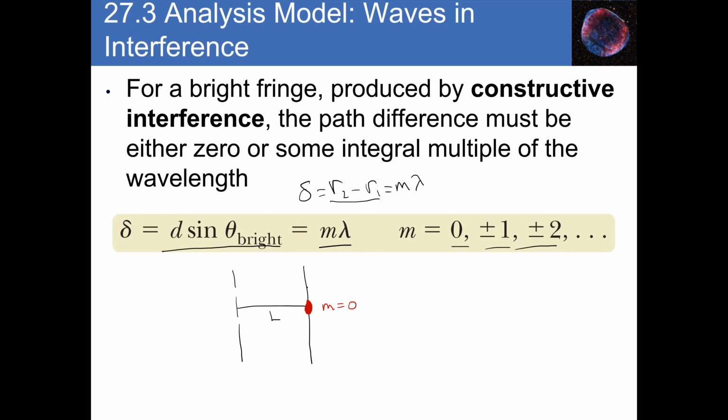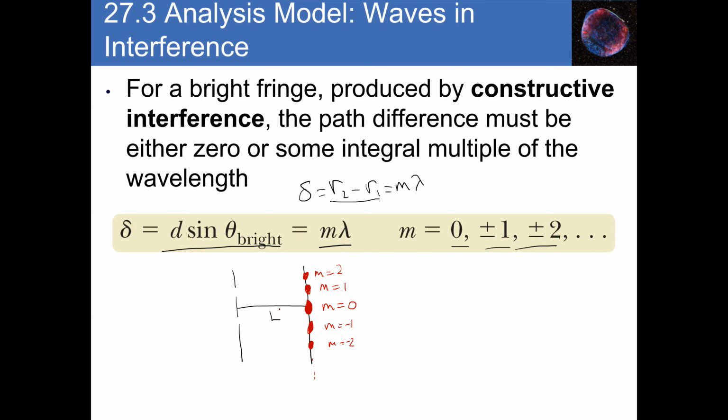Then there's a dark fringe, and then another bright fringe and another bright fringe. This is m equals 1 above, m equals 2 above. There's also the same distance as m equals 1 below the central one, known as m equals minus 1, and then m equals minus 2. You can see the pattern goes like that.